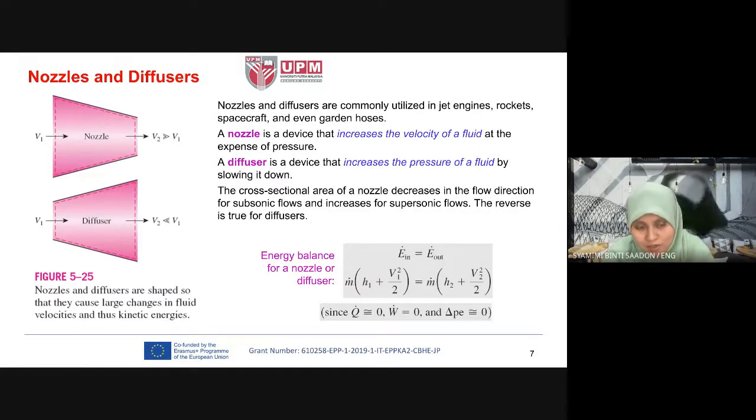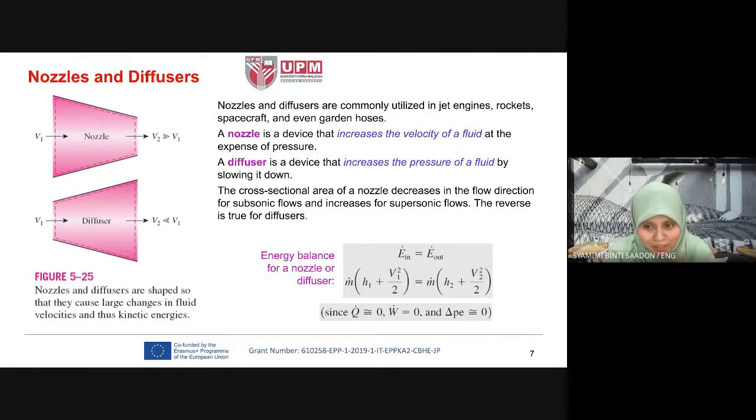We will use this nozzle and diffuser application and look more in detail at the flow process in subsonic and supersonic flow. At least you understand first, subsonic is less speed, so the Mach number is less than 1.